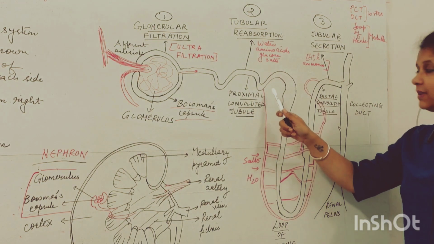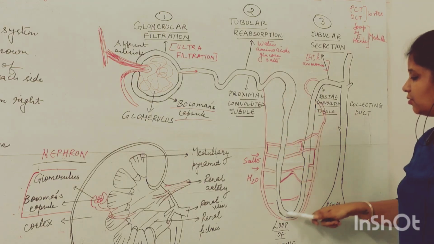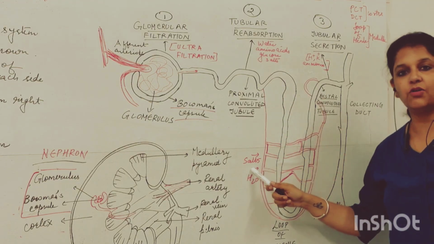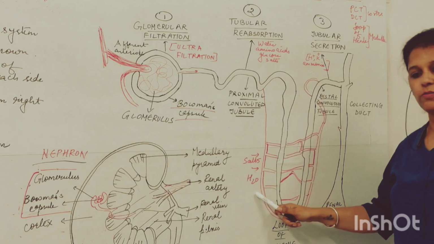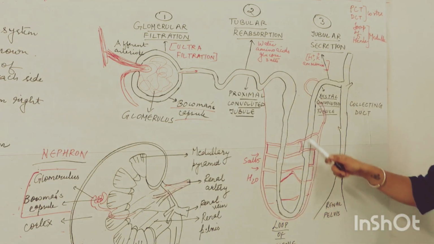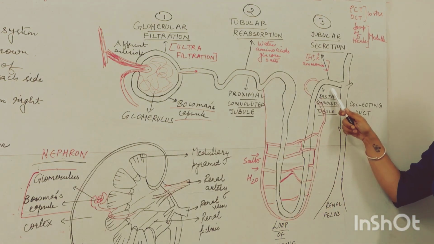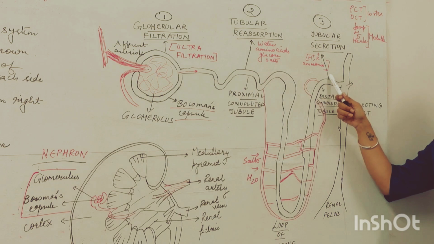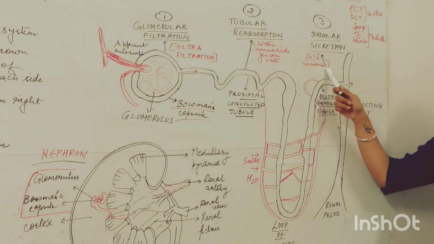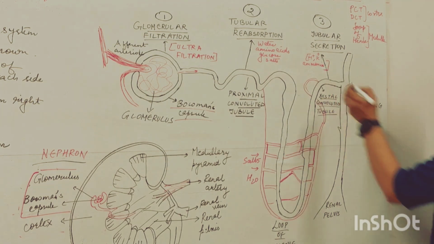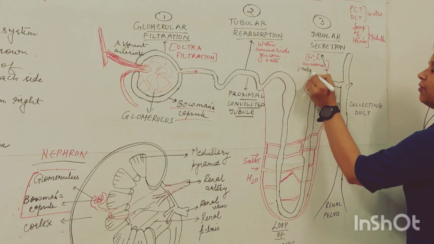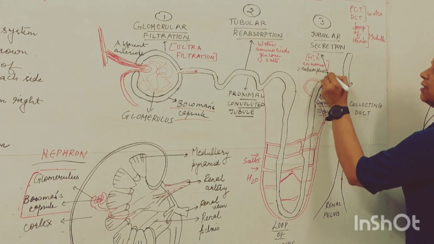From here, when the filtrate further enters the loop of Henle, some of the important salts and water are again reabsorbed. Then it enters the distal convoluted tubule, where hydrogen ions, potassium ions, and ammonia are secreted, and along with this, some reabsorption of water also takes place.